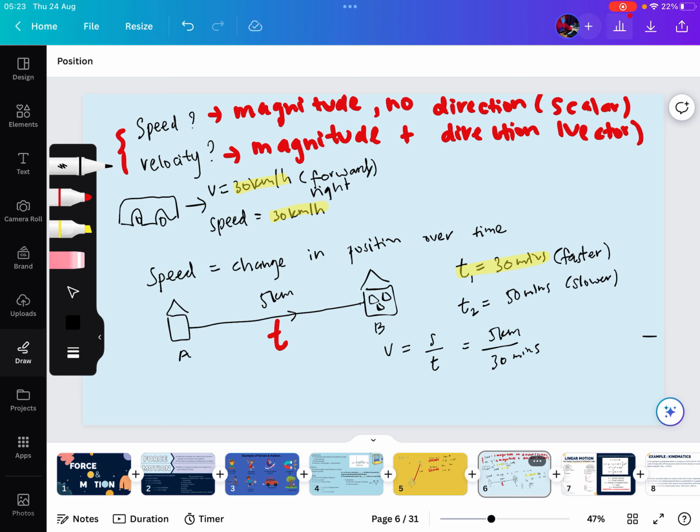I convert that into hours, so it is half an hour. So this is 10 kilometers per hour. Okay, so this is V1.